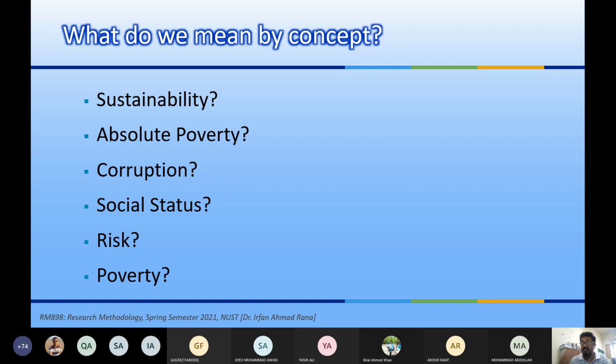Is it economic? Is it environmental? Even if we're talking about environmental sustainability, we need to define it one step further. So you're breaking down the concepts. Once you break it down, maybe you'll come to a point where you say, okay, this is measurable, something doable, something I can experiment on, do a survey or some statistical analysis. So you need to narrow it down. That is conceptualization.